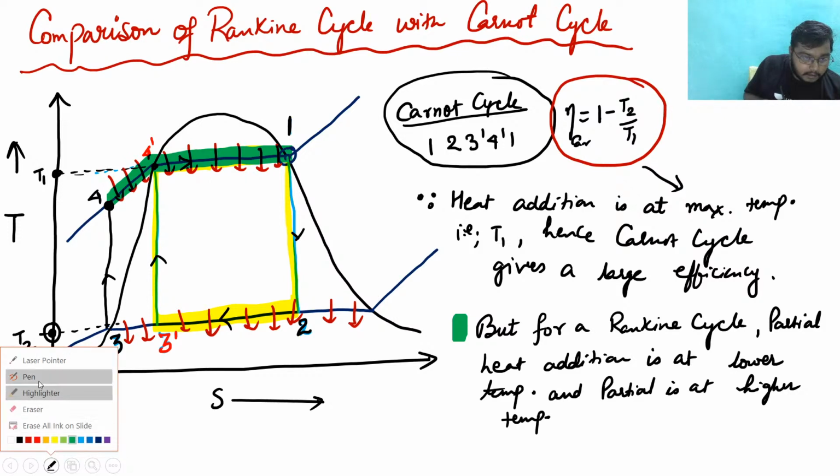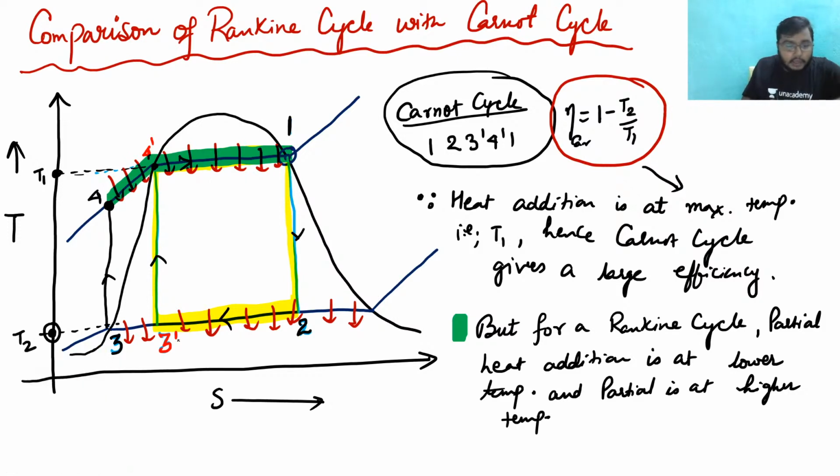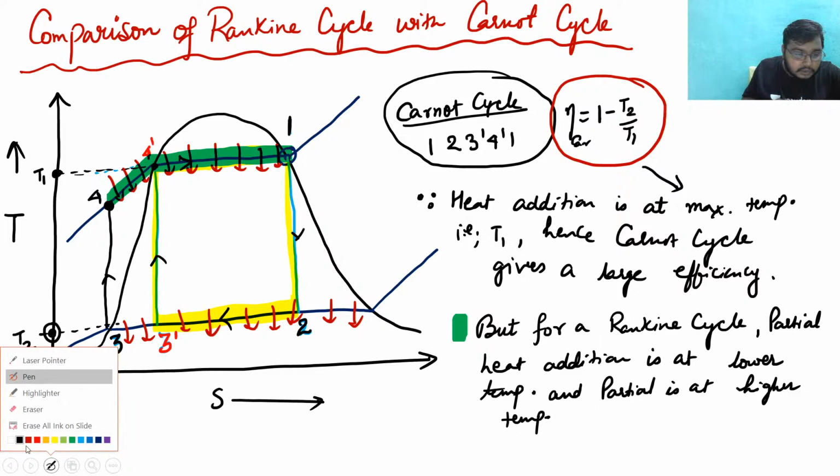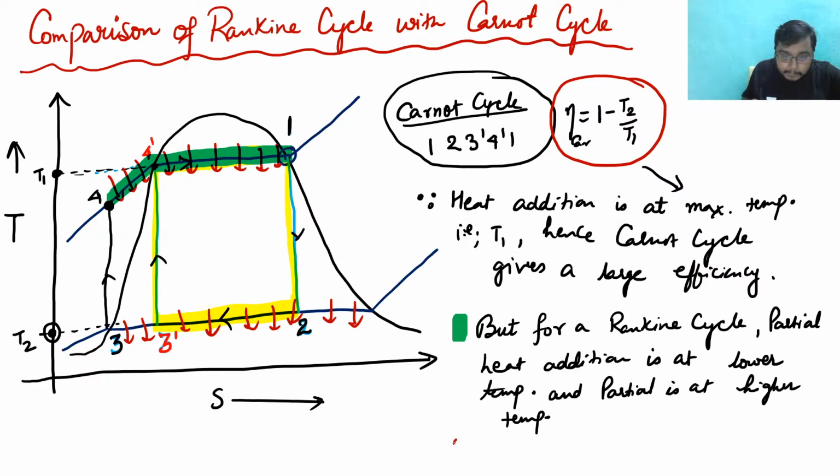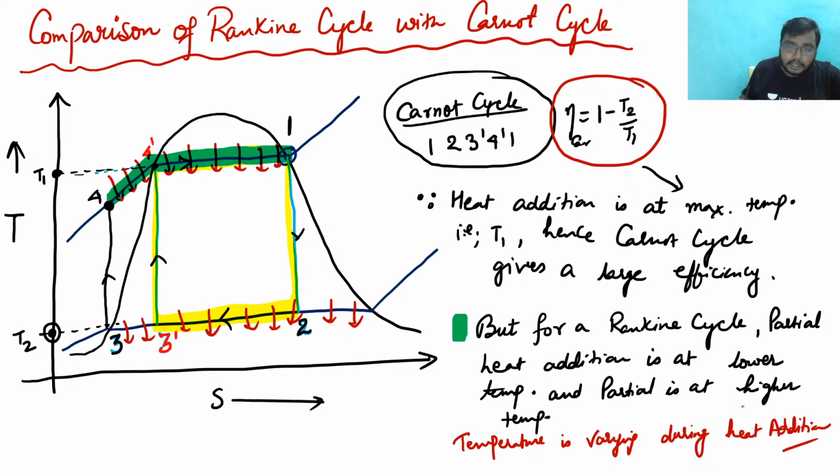This is the most important conclusion. So the conclusion is that temperature is varying during heat addition. This is the case of a Rankine cycle, and this is for a Carnot cycle.